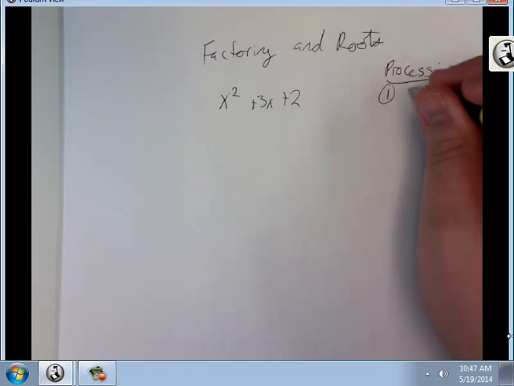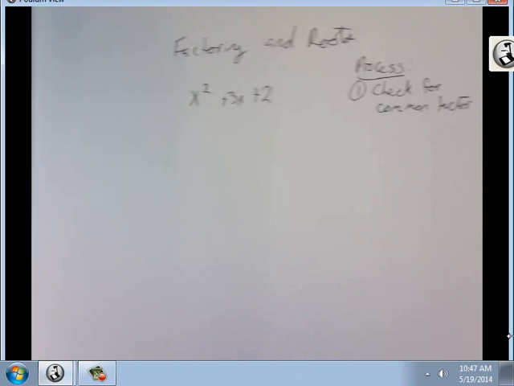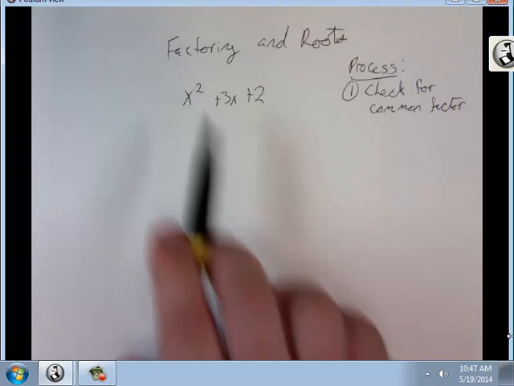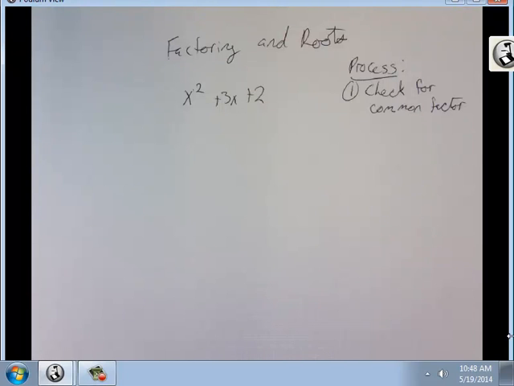First, check for common factor. Is there a number or term that goes into all three of these? And in this case, there isn't. So we can move on to step 2.